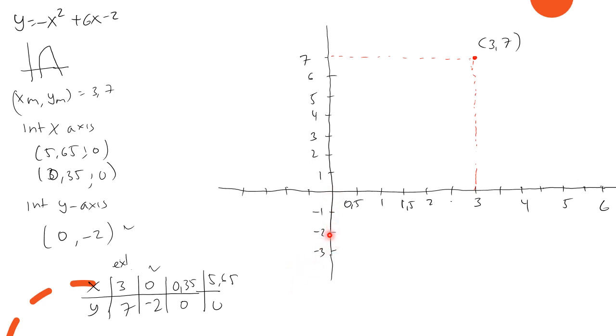Now the x-axis intersections 0.35 and 5.65. 0.35 is more or less here, and 5.65 is kind of here.